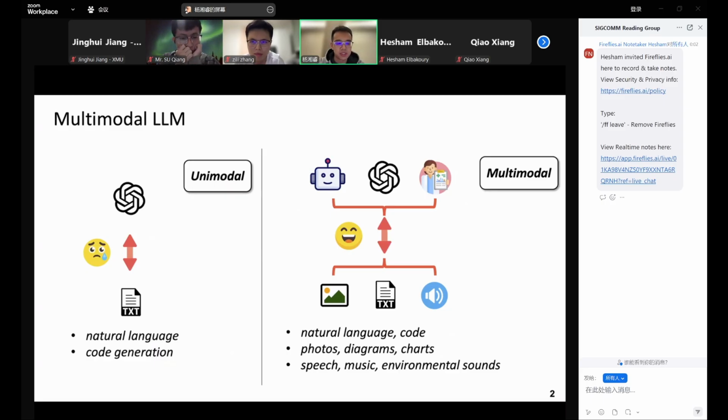These models can seamlessly integrate different modalities, not just natural language and code, but also understanding and generating from photos, charts, and even processing speech and music. This expansion into multiple modalities allows for a much more comprehensive understanding of the world, enabling applications like robotics and healthcare.